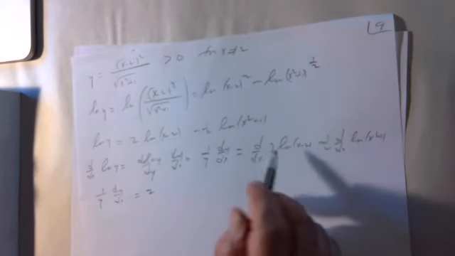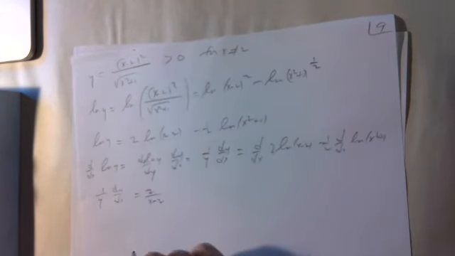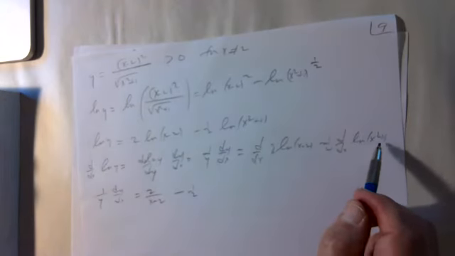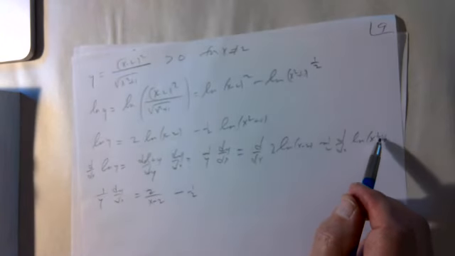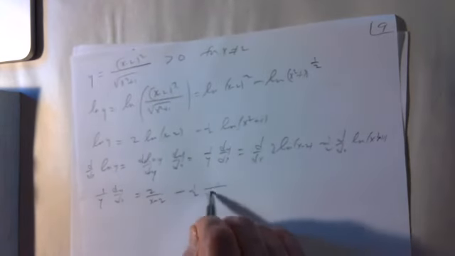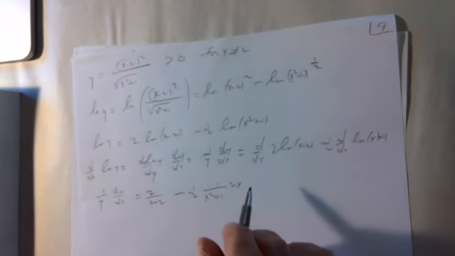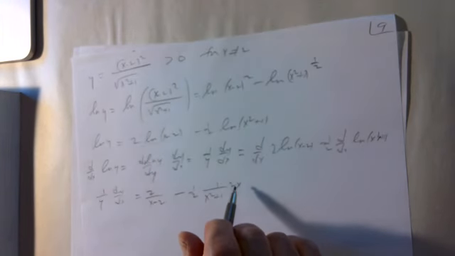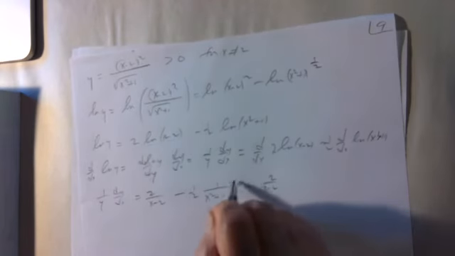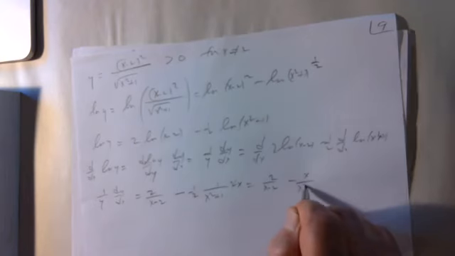The derivative of the log of x minus 2 is 1 over x minus 2, so times 2 is 2 over x minus 2. Minus a half, the derivative of the log of x squared plus 1 is 1 over x squared plus 1 times the derivative of x squared plus 1, which is 2x. So I get 2 over x minus 2. These 2's cancel. Minus x over x squared plus 1.